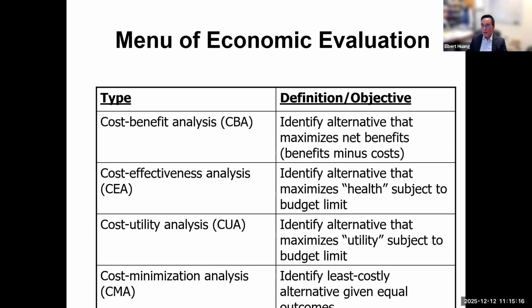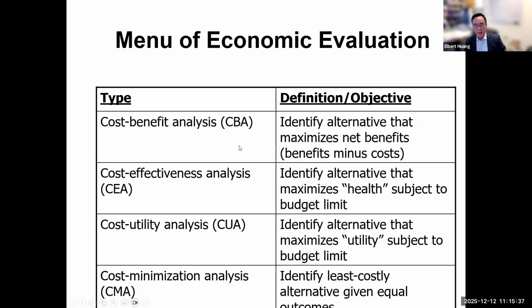These are different ways of accounting for both costs and health outcomes. Remember, I started with the two slides showing you that we have rising costs but poor health outcomes. These economic analyses allow you to look at costs and health outcomes at the same time, but they're mathematically different, though related.